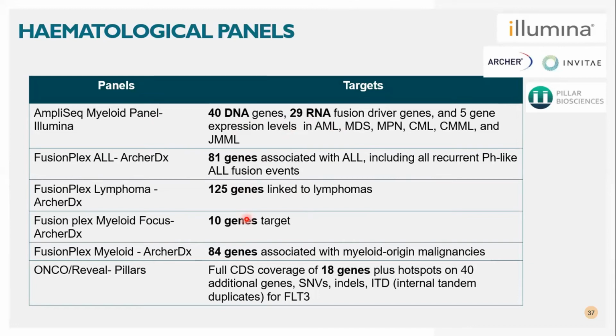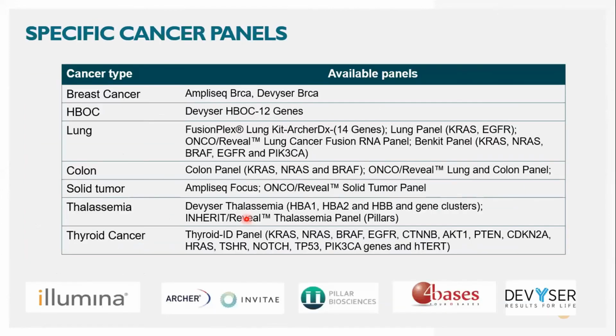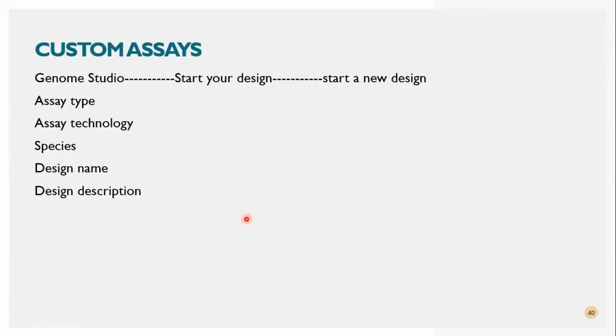Illumina sequencing platforms are open systems where you can have library preps coming from different brands and different compositions and sequence them on the sequencing platform. There are also specific cancer panels, like breast cancer, hereditary breast and ovarian cancer, and lung cancer. So different kinds of screenings with all these biomarkers can be done on Illumina sequencing platforms.